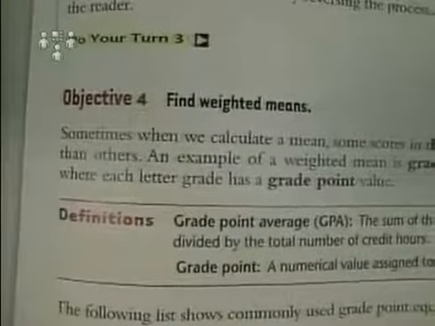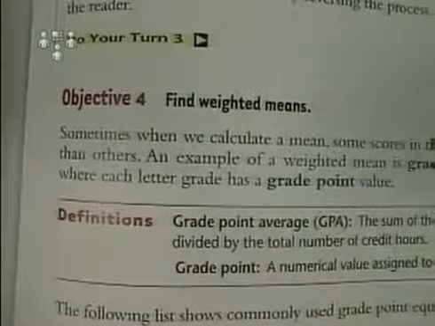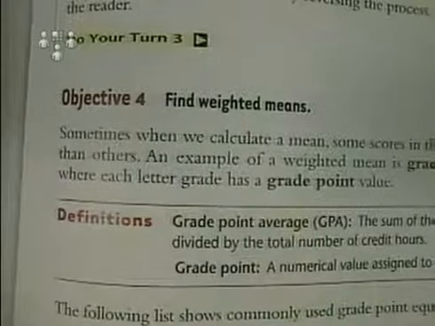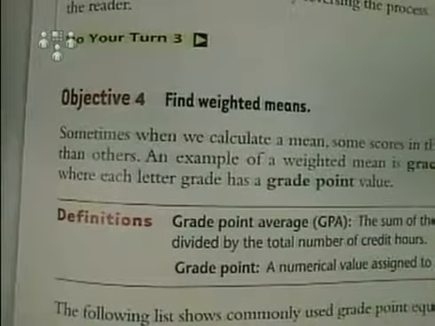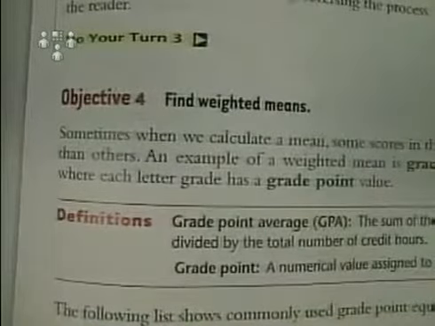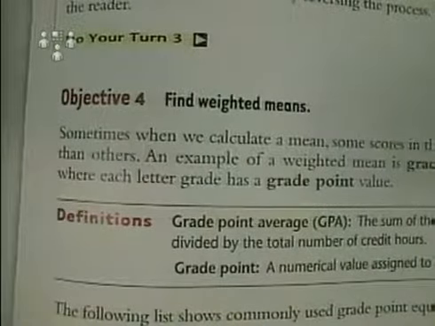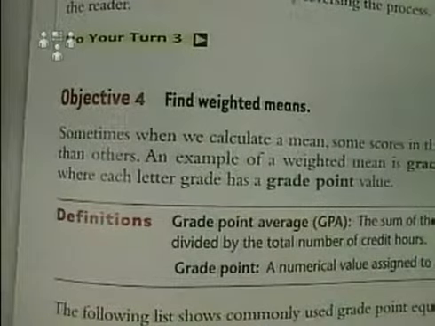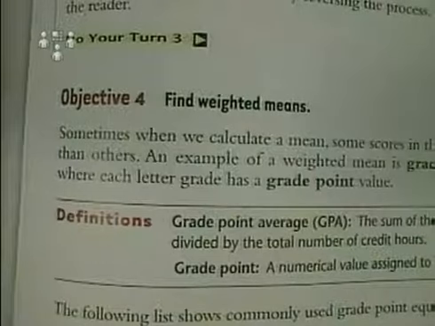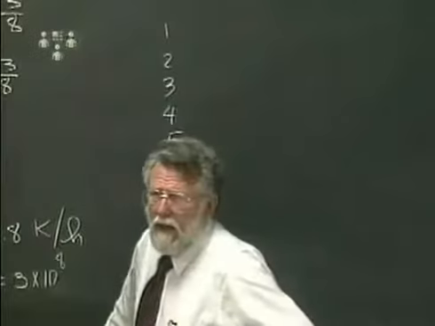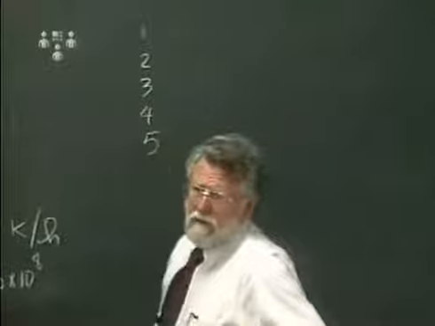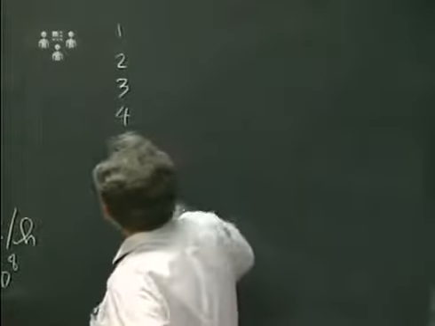Nope, not like the golden mean. A weighted mean. Now I'm going to write some numbers on the board for you for a moment. Let's leave that on the screen. But I want to look at just a 1, 2, 3, 4, and 5. Just these numbers as we go to the board. Now I have 5 numbers, and we're just going to add them together.